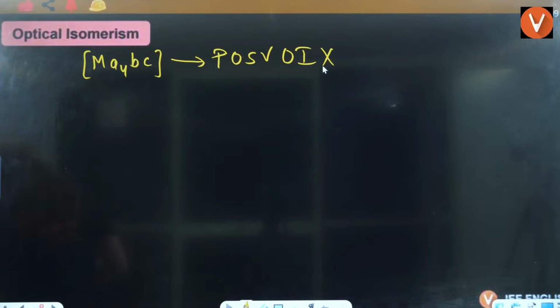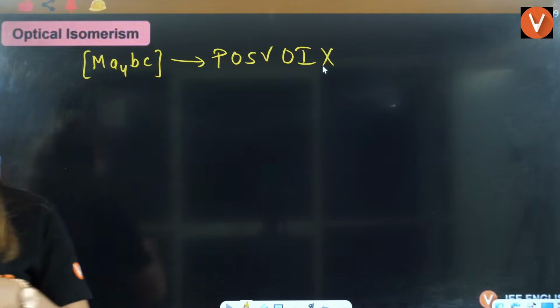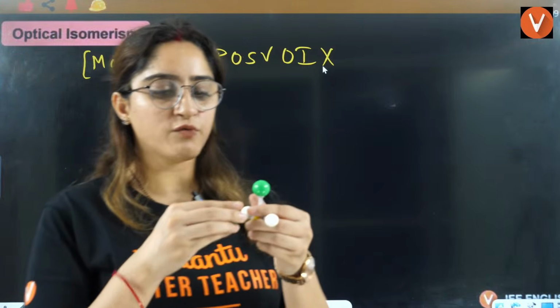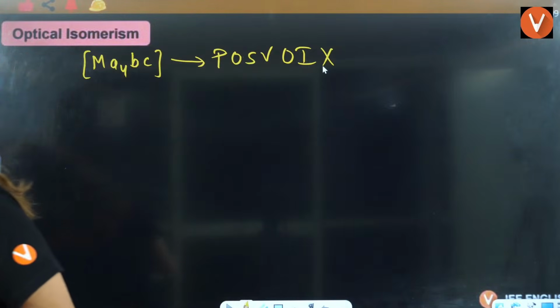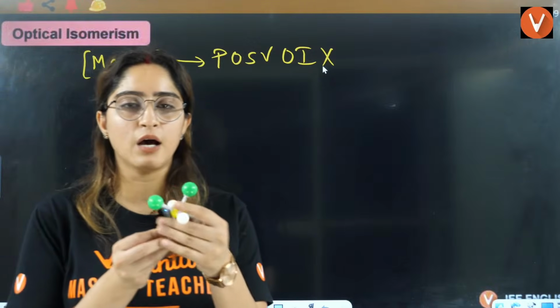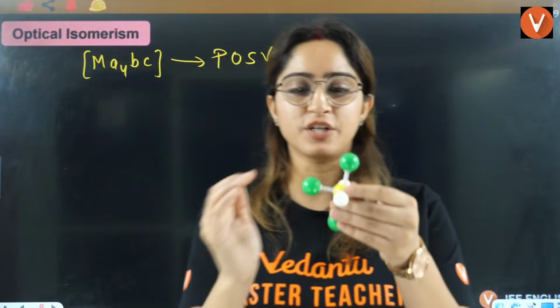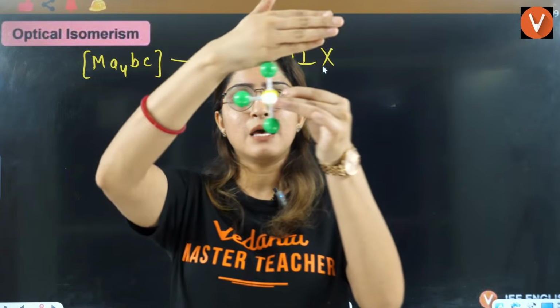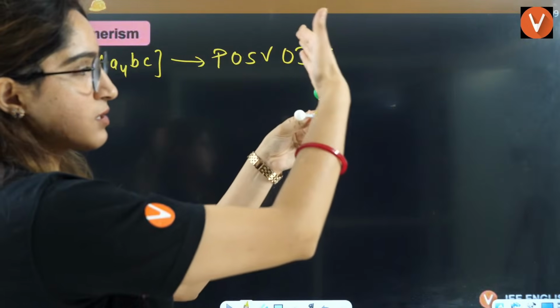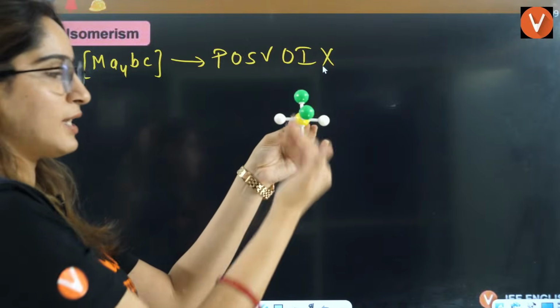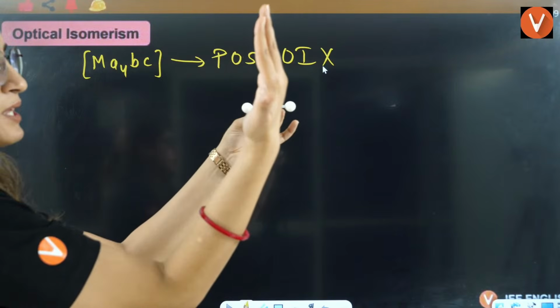Next is A3B3. A3, B3 were of two types. What were those two types? One was meridional, one was facial. So this was meridional. In meridional, you can pass a plane of symmetry here.